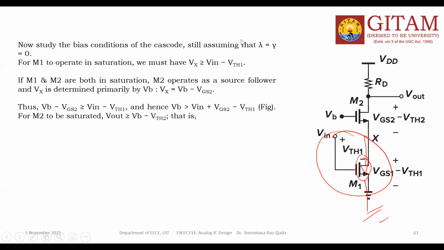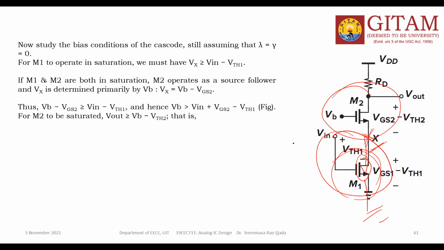Next, whenever it's a source follower, how can you find the Vx value? Whenever this is a current source, I could not find the voltage across it, so I should find the voltage at X using the M2 terminal voltages.